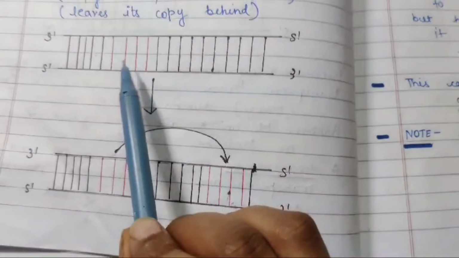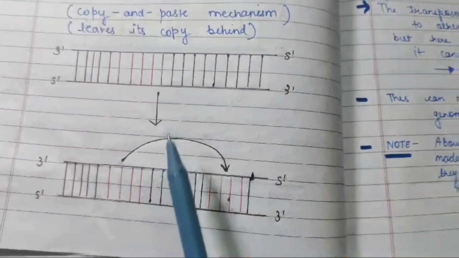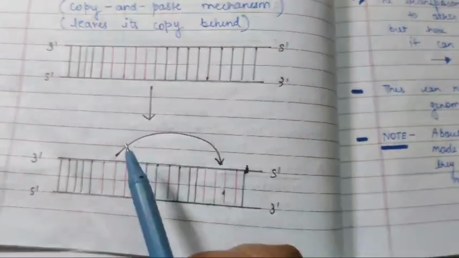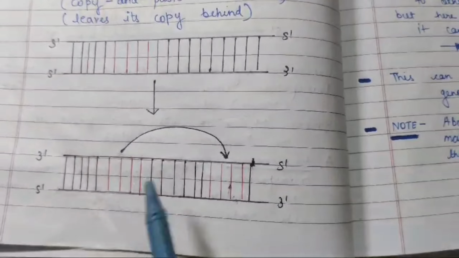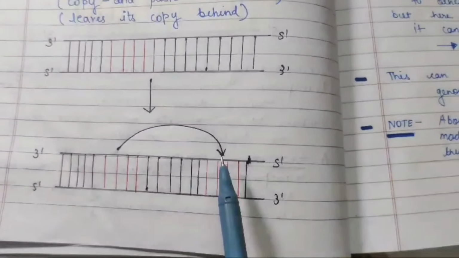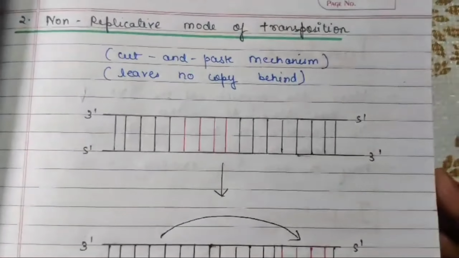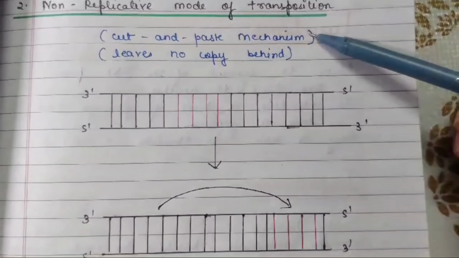Here you can easily see that the transposon was firstly present here and now it is present here also. That is, it leaves its copy behind. You can easily see that yes, the transposon is present here also and here also. So hence it is known as the copy and paste mechanism. While in case of the non-replicative mode of transposition, it is known as the cut and paste mechanism.